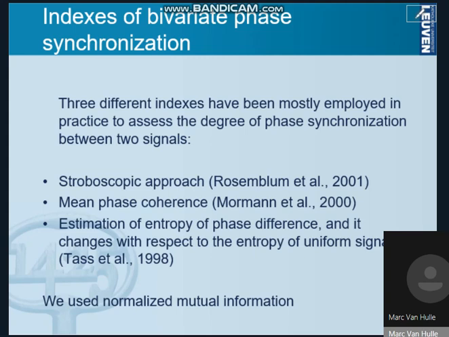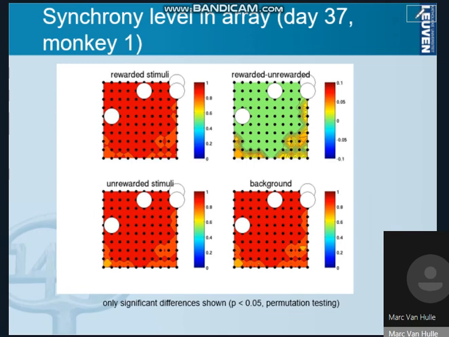So this is what Tass and co-workers introduced as a metric of phase difference, but expressed in terms of an entropy value. You can use other techniques. We have been using mutual information, which is a nonlinear way of taking correlations between two signals, in this case, two phase signals.